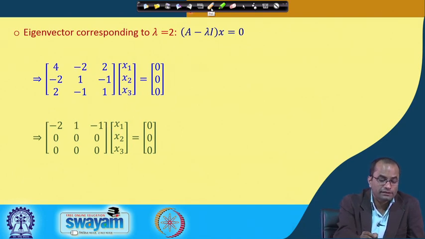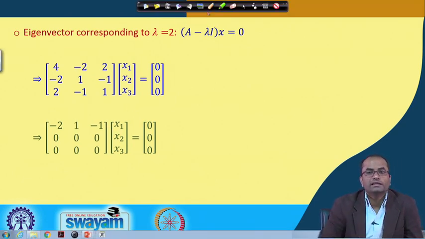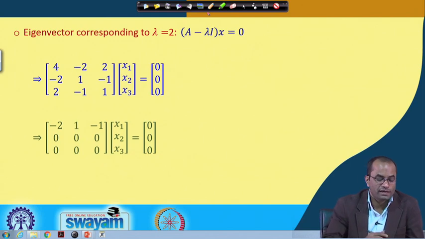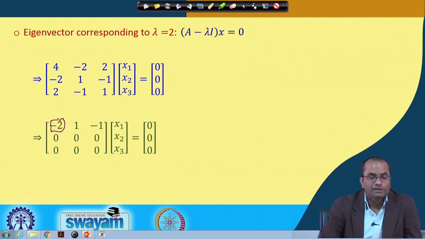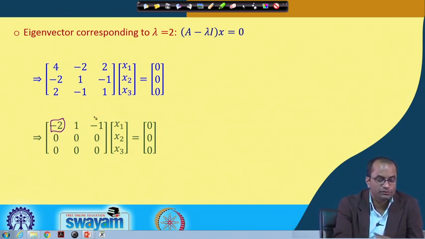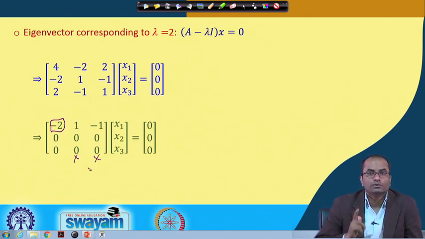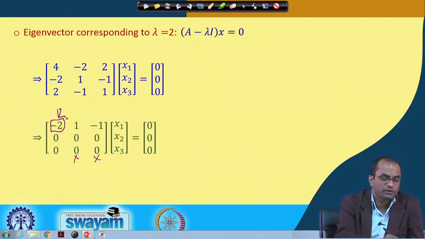Now we can identify how many linearly independent eigenvectors we are going to have in this particular case. Here this is the pivot element, which is minus 2, and column number 2 does not have a pivot. Here also we do not have a pivot. So, there is only one pivot, in column number 1.